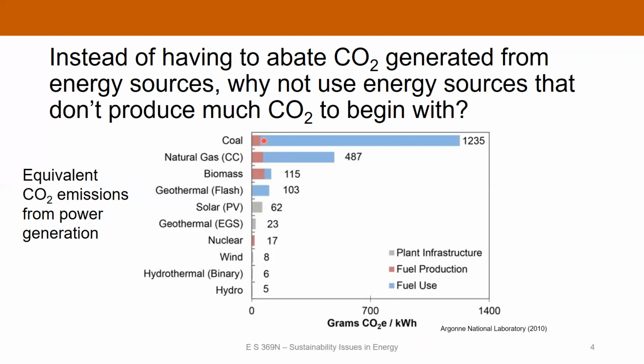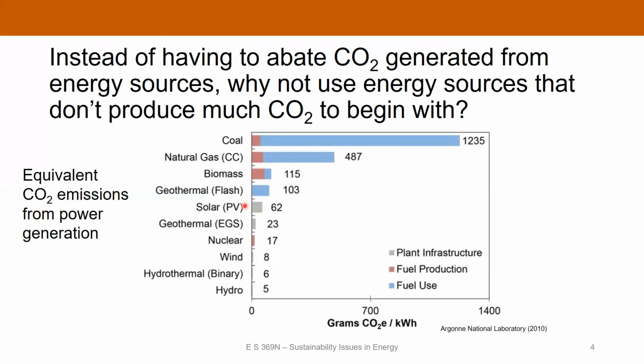You can see obviously coal is the most carbon intensive, and most of the CO2 emissions come from what's called fuel use here. So that's burning coal to power a steam turbine. Natural gas is less carbon intensive than coal, but still fairly carbon intensive.